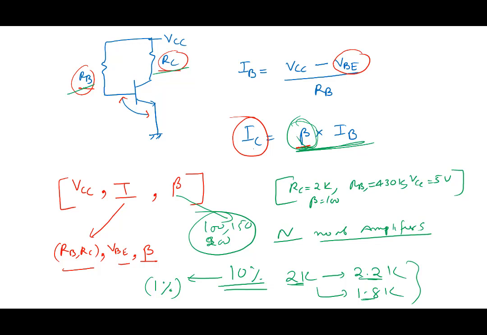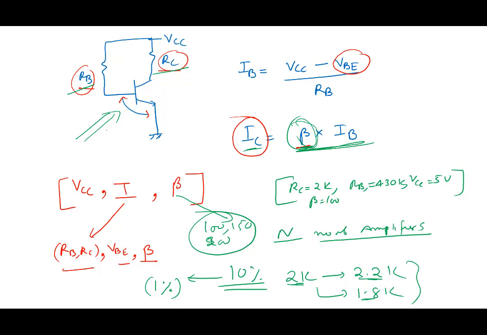Because beta varies a lot, IC will vary a lot. And so this design that you see here is not very useful. You have to make lots of amplifiers, and if beta is varying so much between 100 and 200, then the bias current will just go here and there. It will change by a factor of 2.